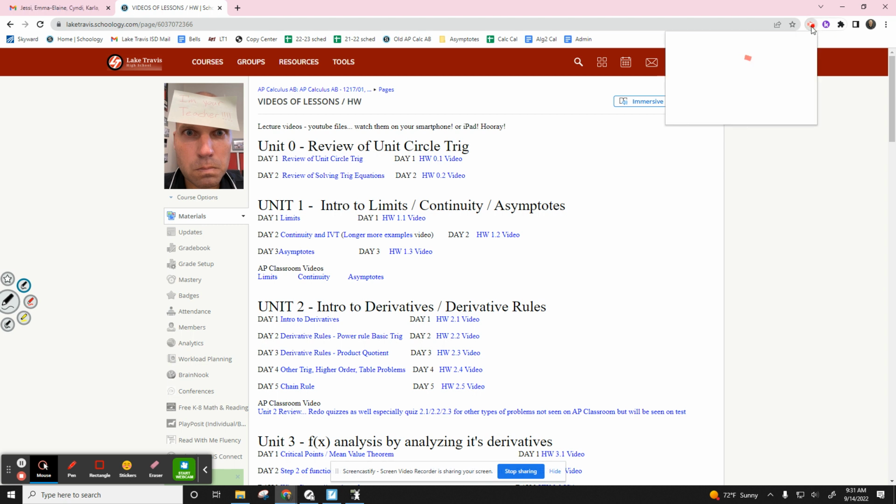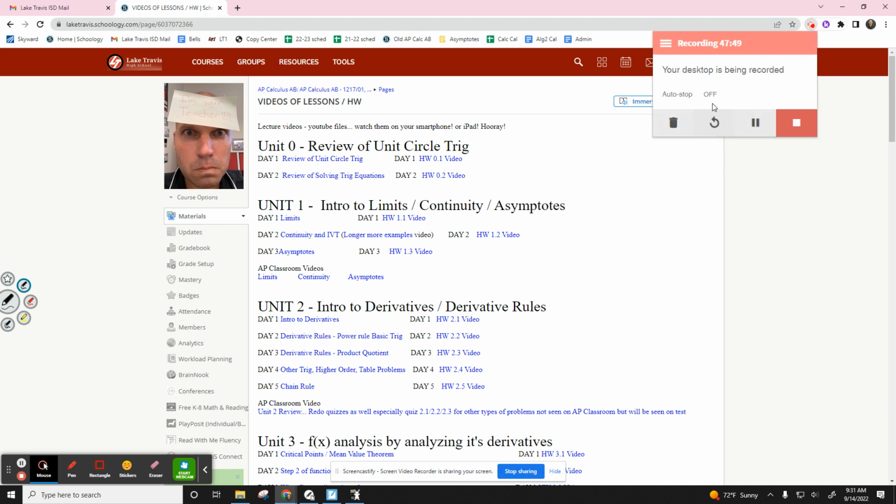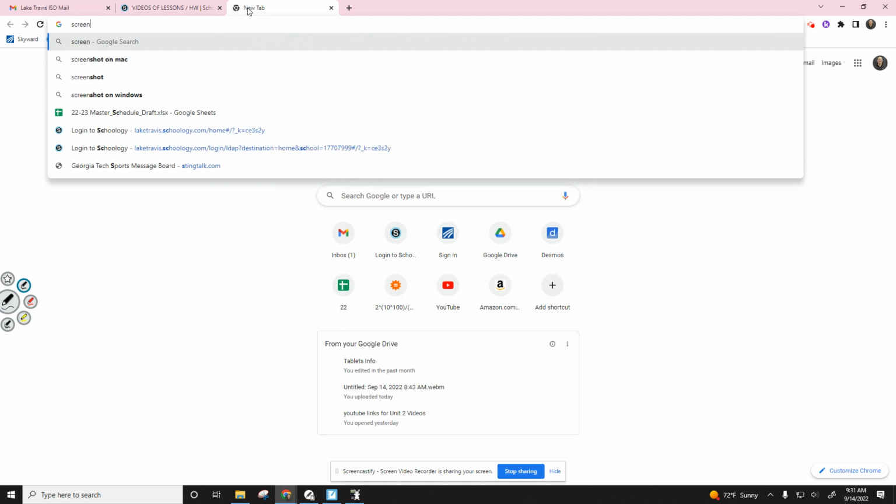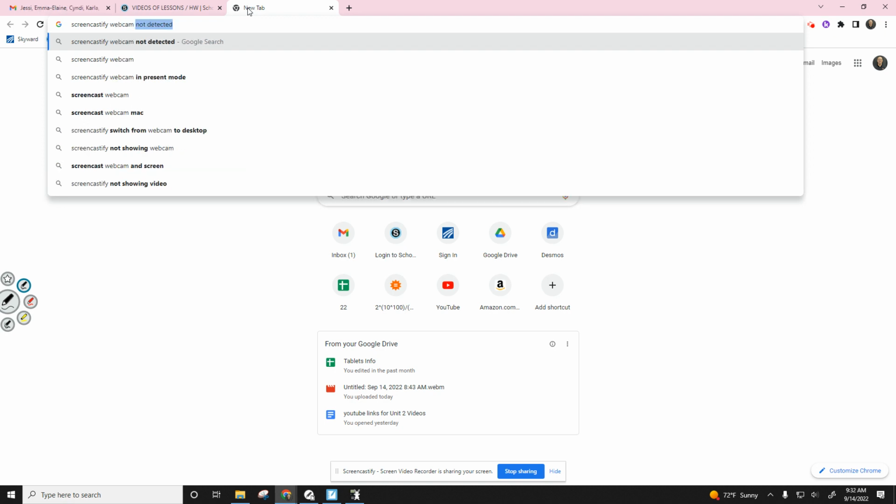Where's my face? Screen Castify, webcam disappeared.